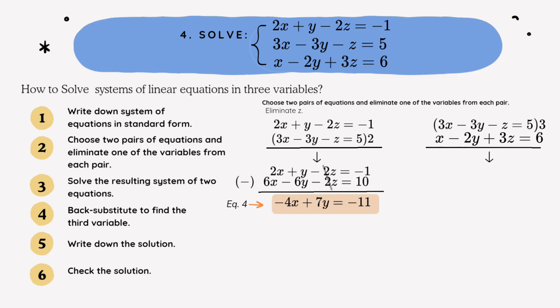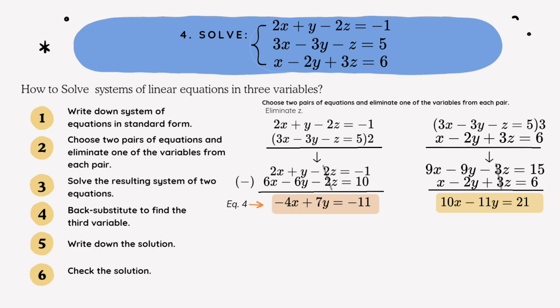Let's put it aside for now and solve for our other pair. In this, we will eliminate z again. So, we multiplied the first equation by 3. This will result in 10x minus 11y equals 21, which will be our equation number 5.